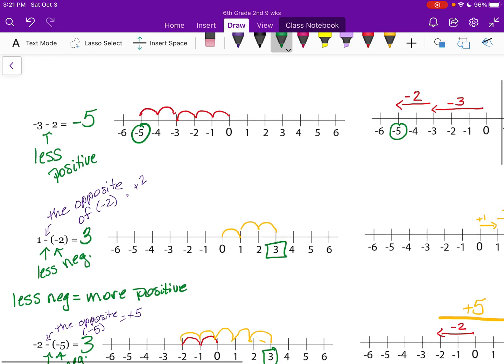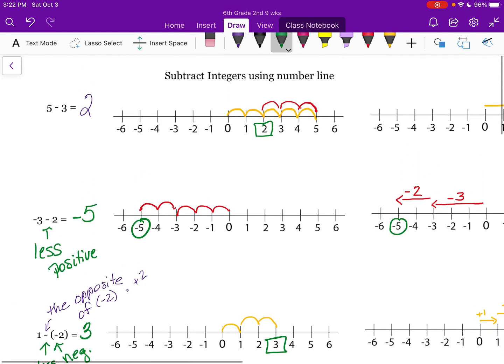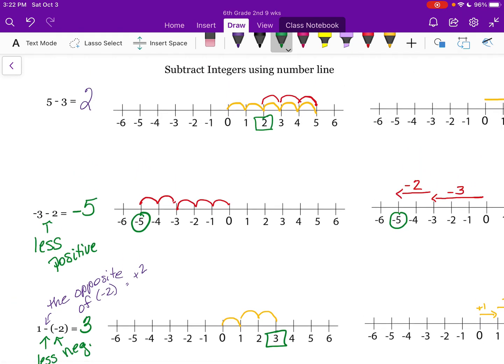Okay, so I go back up here to the very first one that we did, the 5 minus 3. I'm going to rewrite it. And we said when we subtract integers, we can keep change switch, right? So I keep the 5, I change the subtract to add, and I take the opposite.